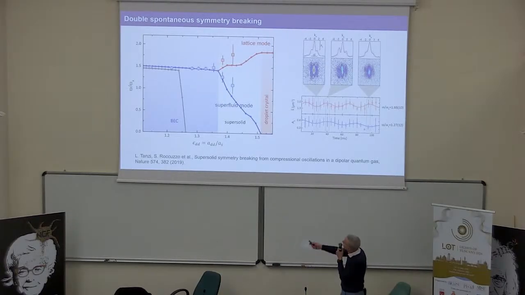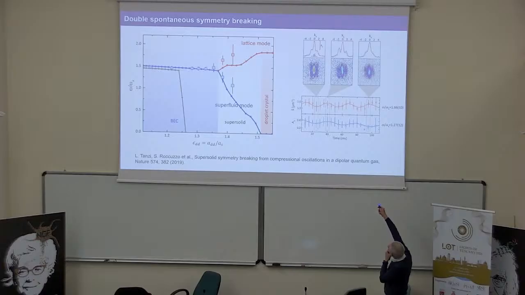Here you can see better the density in the supersolid phase as a modulation, and since this is the Fourier transform of the density which has modulation, this implies that also in real space you have a modulation.